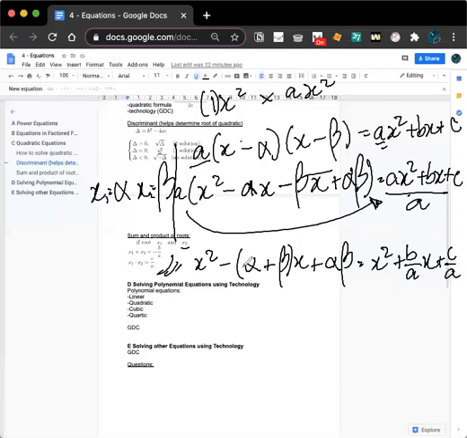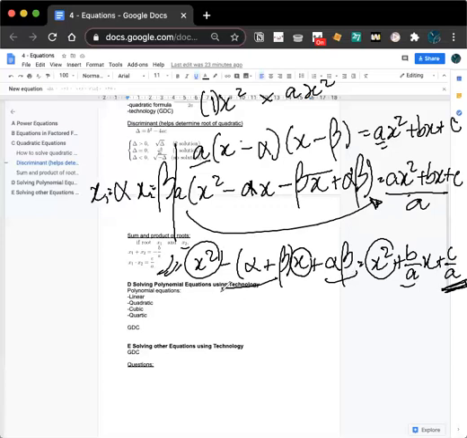So if you see from this comparison, since this is already the same in the first part, we can compare the coefficients of x and the last value of it.